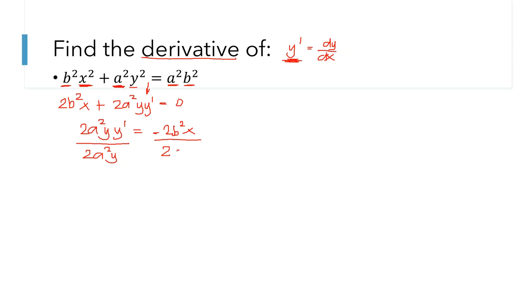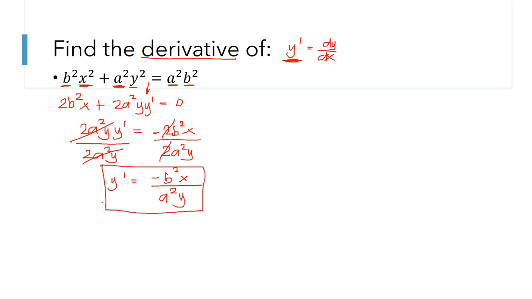So this would be cancelled, and the 2 will also be cancelled, so y prime is equivalent to negative b squared x over a squared y. So this is now our derivative of the function.